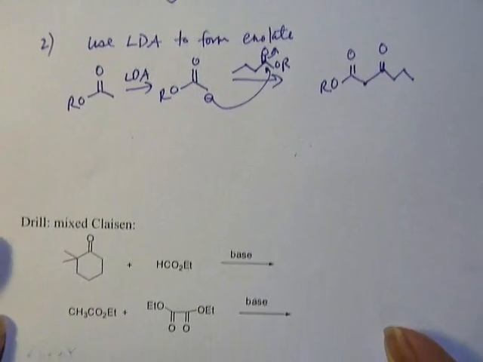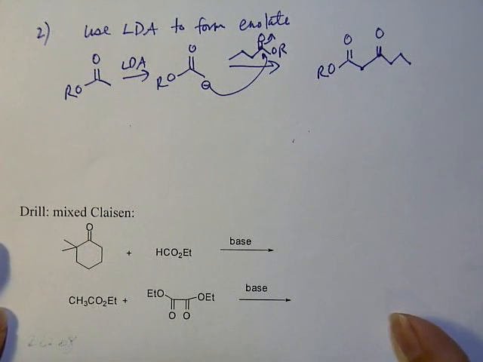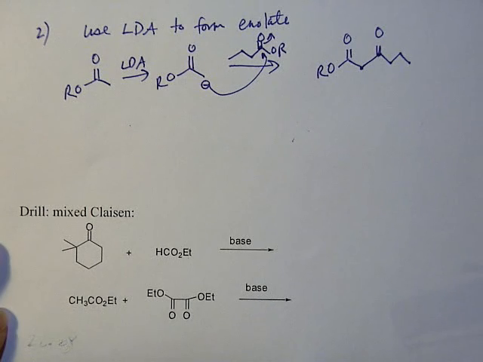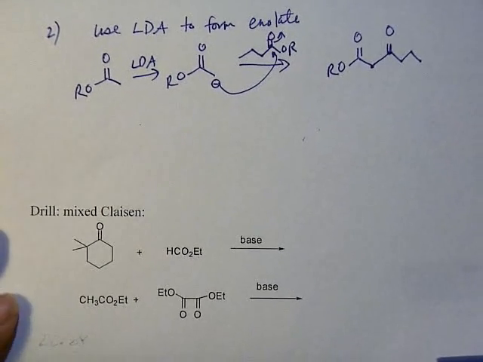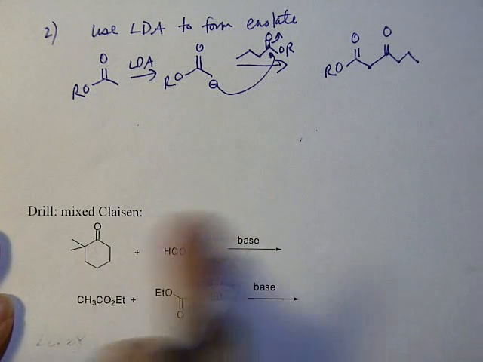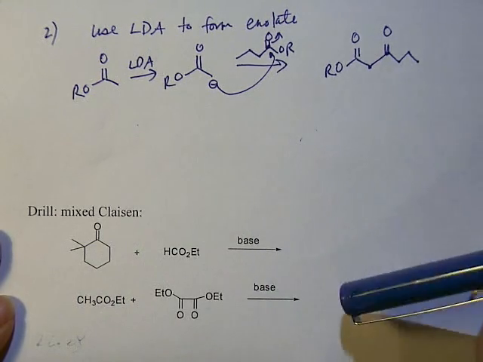If you're doing a Claisen reaction in an intramolecular fashion, then you would be doing what's called Dieckmann cyclization, and that's on the next page. But before we go on to that, you should be able to do reactions like this and be able to give me products.